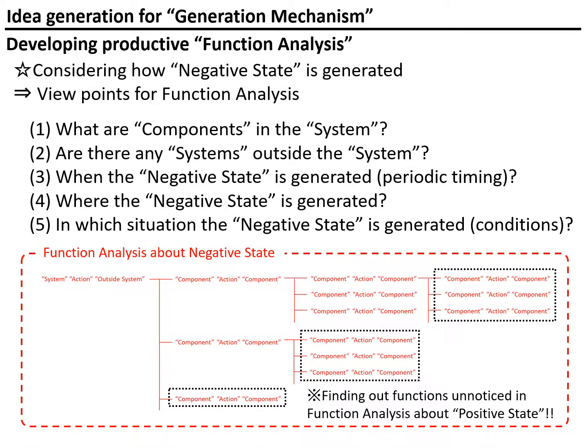With respect to the result of detailed function analysis, which you already performed around positive states, you may find out more specific functions which you haven't noticed in the previous function analysis.